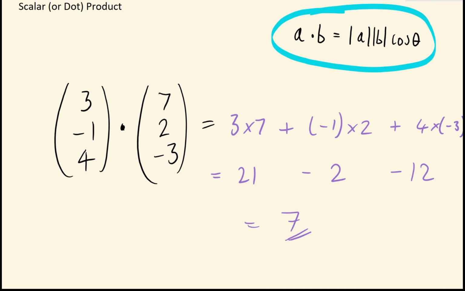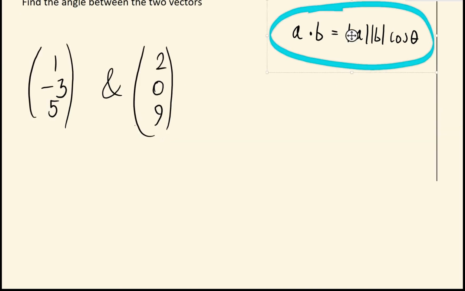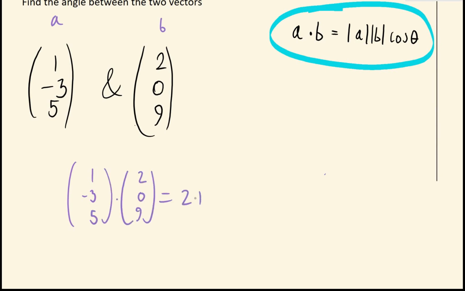We can now use that fact and this formula to work out the angle between 2 vectors. So if we dot these 2 vectors, let's call them A and B first, that we can do really easily. That is just going to be 2 plus 45, or 47. So we've now worked out A dot B. We can also work out the length of A and the length of B by doing 3D Pythagoras.